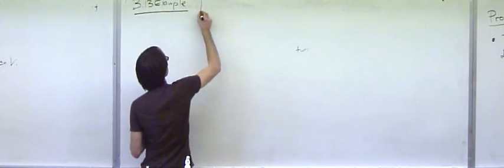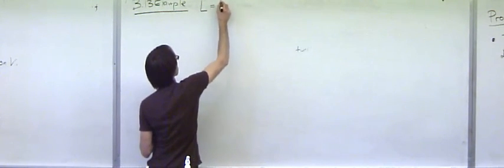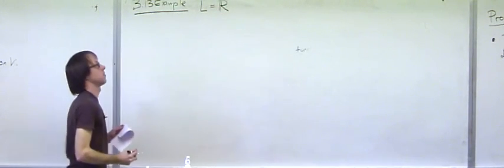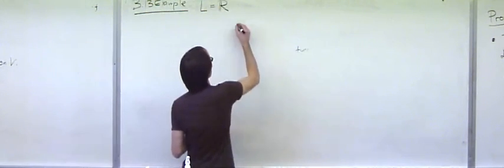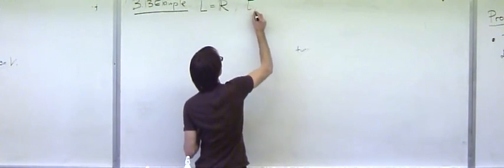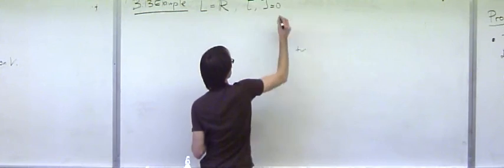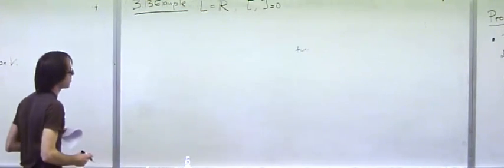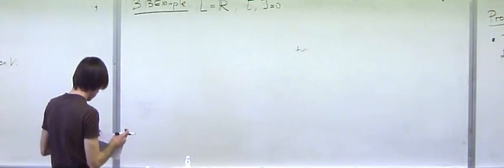A very simple thing. L is just the one-dimensional real vector space, and the Lie bracket is 0. So this is an abelian Lie algebra, a one-dimensional real abelian Lie algebra.